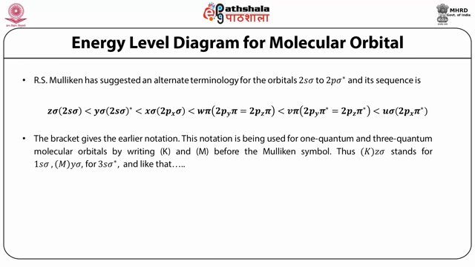The bracket gives the earlier notation as 2 sigma and 2px sigma, etc.